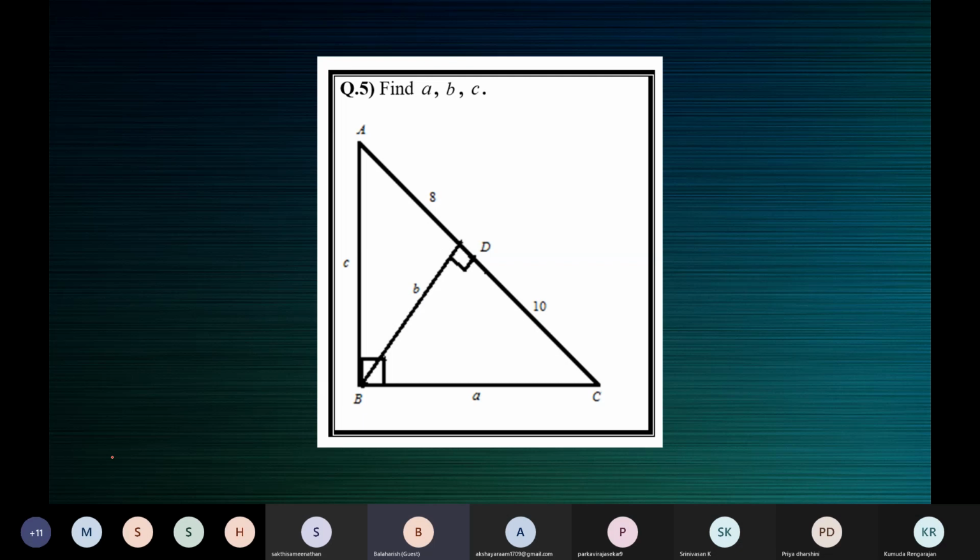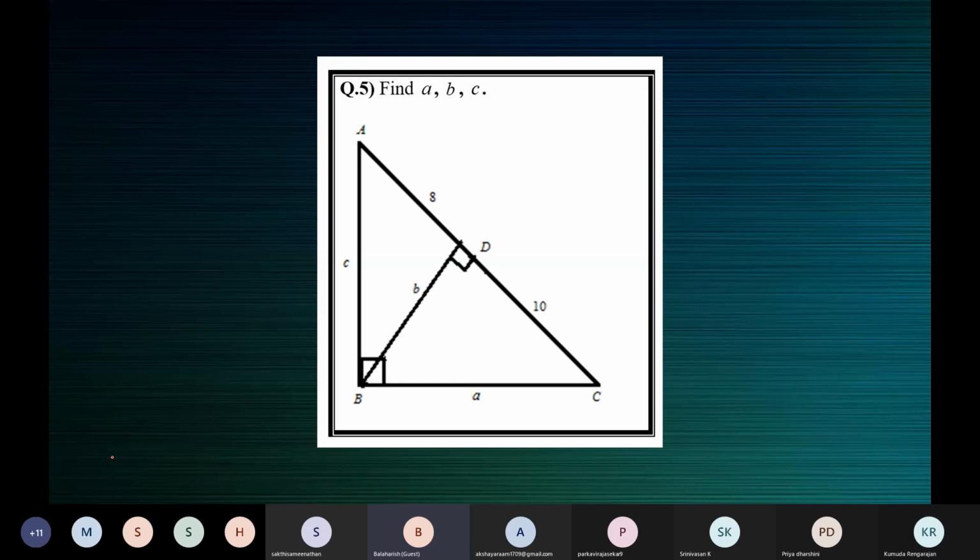BC square is equal to CA into DC. Very good. What is BD square? BD square is equal to DA into DC. Very good. And what is AB square? AB square is equal to AC into AD.